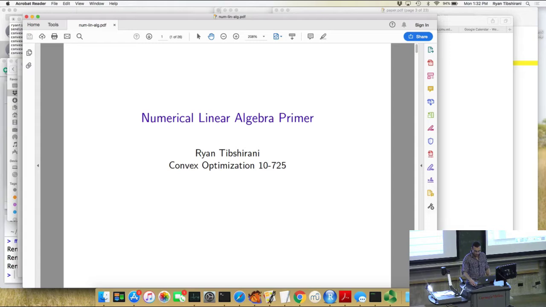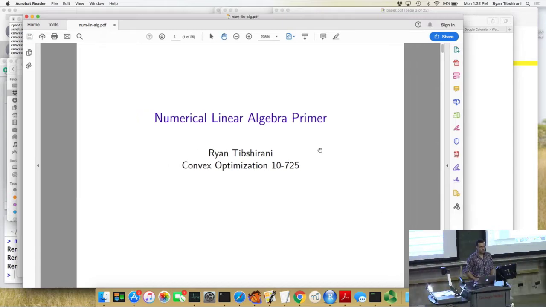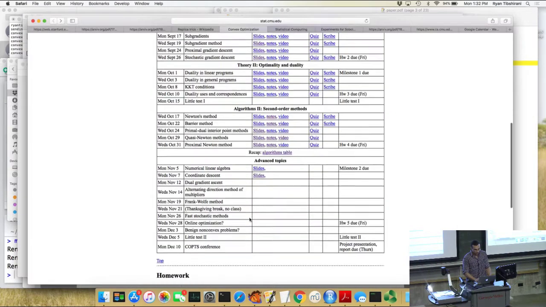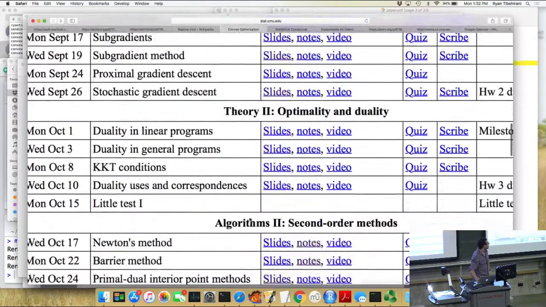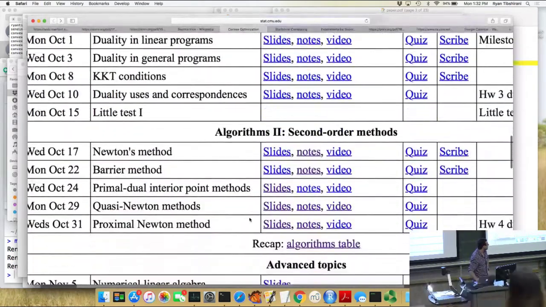Okay, so we are officially through the basics in the course. According to the course website, we've moved through algorithms 2, and I actually added something just this morning, a little recap. It's linked right here.